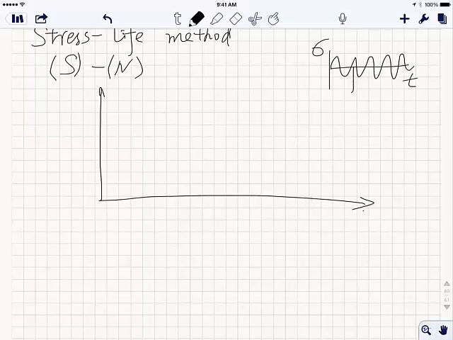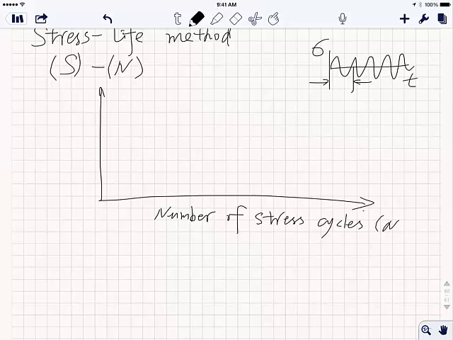This is the number of stress cycles, which we call N. And over here, I have fatigue strength. Of course, the number of cycles is going to be a high number.